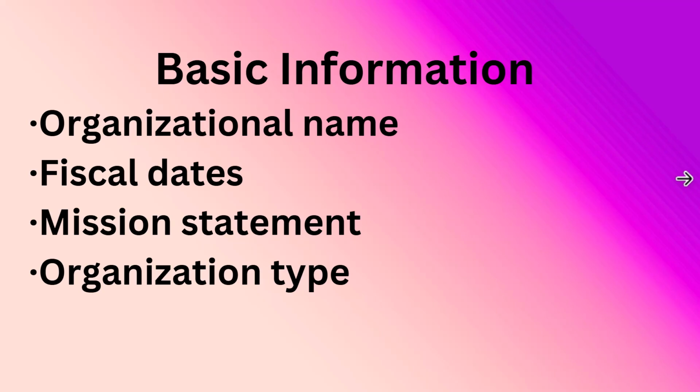You'll need your mission statement, and also you'll need to be able to describe your services, your major service lines. And also you'll need to enter your organization type. So that could be your 501(c)(3) or 501(c)(6) or whatever type of nonprofit you are.